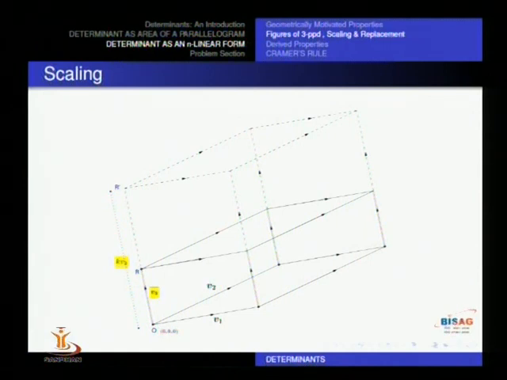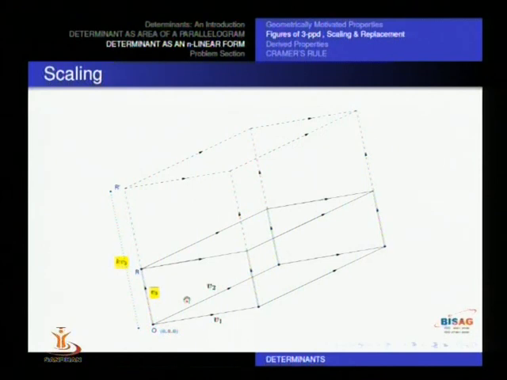That box has some volume, and the moment I multiply the vector V3 by some number k to get KV3, the entire box is stretched. One can easily visualize here that the volume is changing, and it changes in the same ratio. So if V3 to KV3 is a factor k, then the volume of the earlier box and the new box thus obtained will also differ by k times.